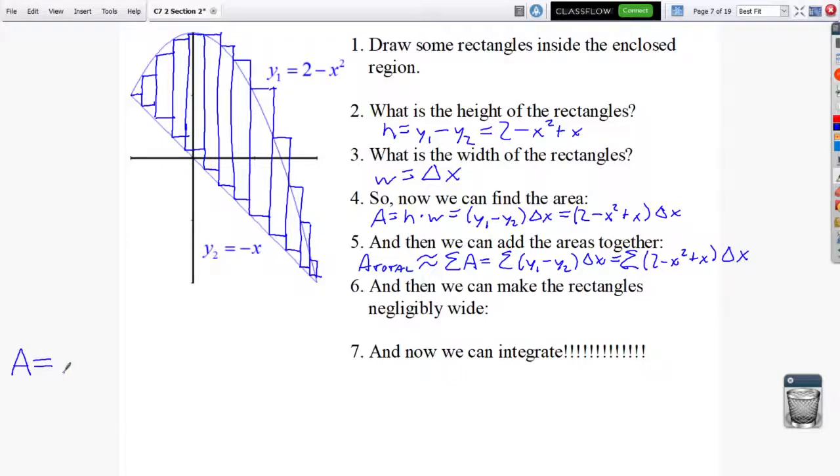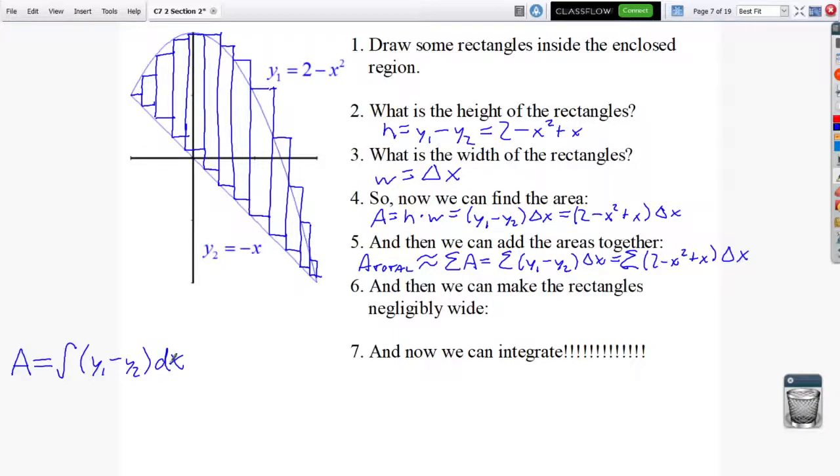The area is going to be equal to the integral. When I change from the finite amounts to the infinitesimal amounts, the sigma changes into an integral symbol. And we're going to have the integral of, in general, y1 minus y2, dominant minus non-dominant, and the delta becomes d.